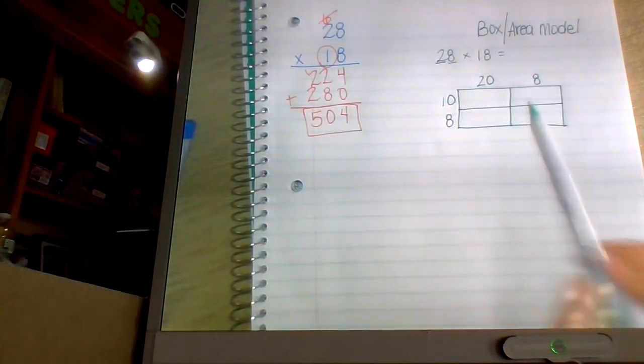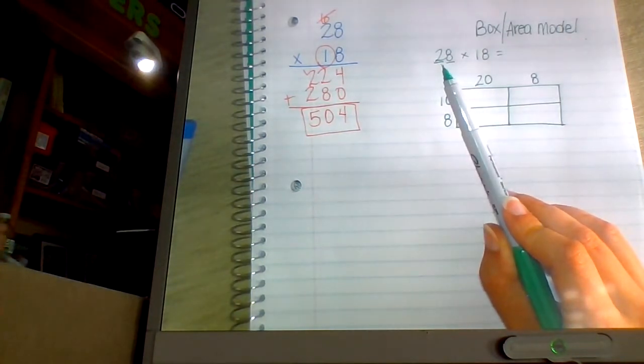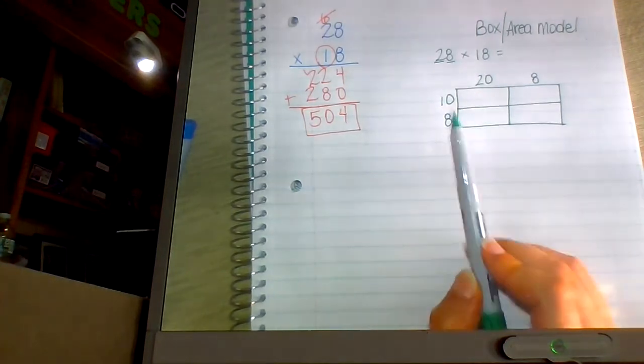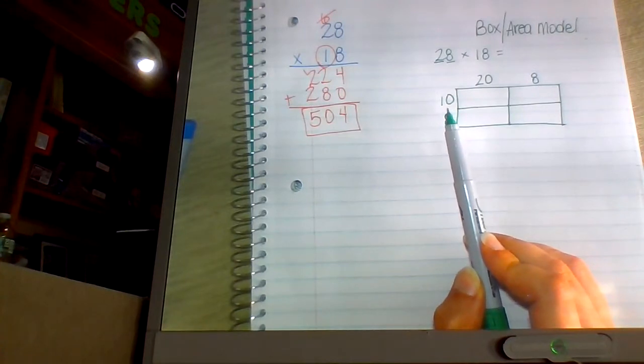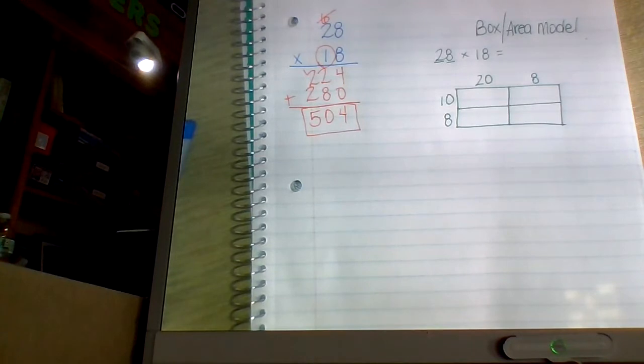So I had a 20 as a value in the tens place and an 8 as a value in the ones place. And then my other factor was 18, where I broke it up or decomposed it into 10 and 8. Okay, so that's how we set up the box and area model.